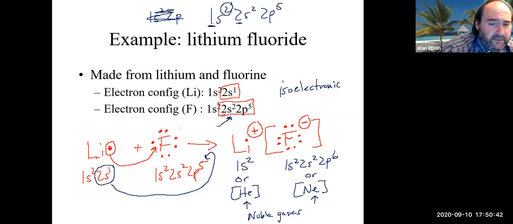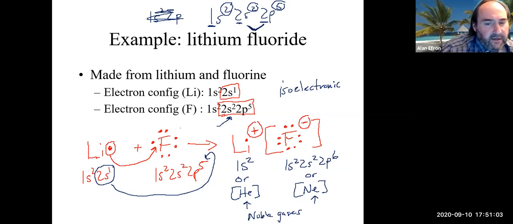Although there's an s orbital and a p subshell here, they're both on the second energy level, which is the highest energy level. So the 2 there and the 5 there would be the 7 valence electrons. And the easy way to remember that is that fluorine's group 7, so it would have 7 valence electrons.